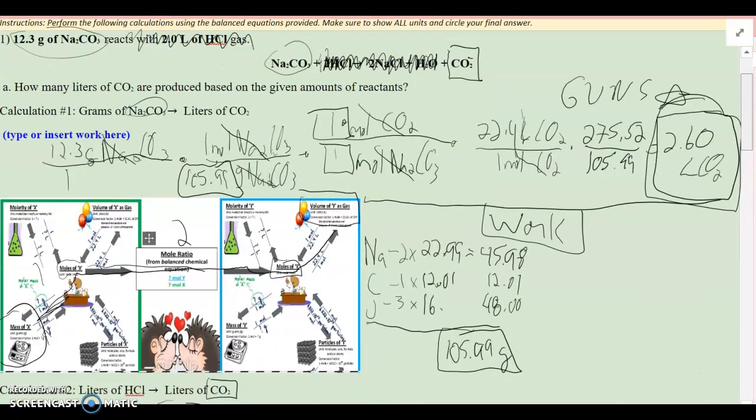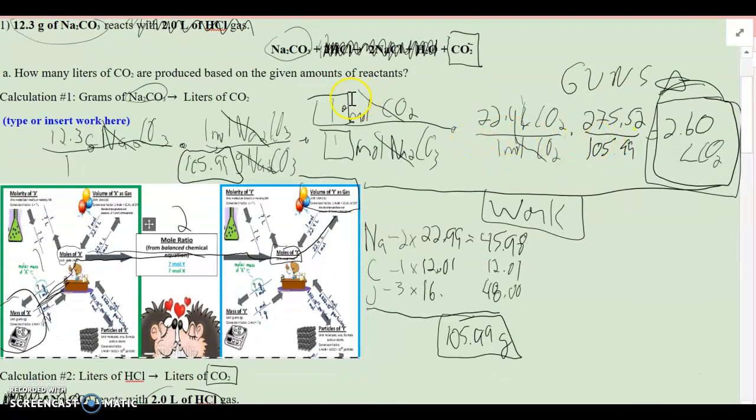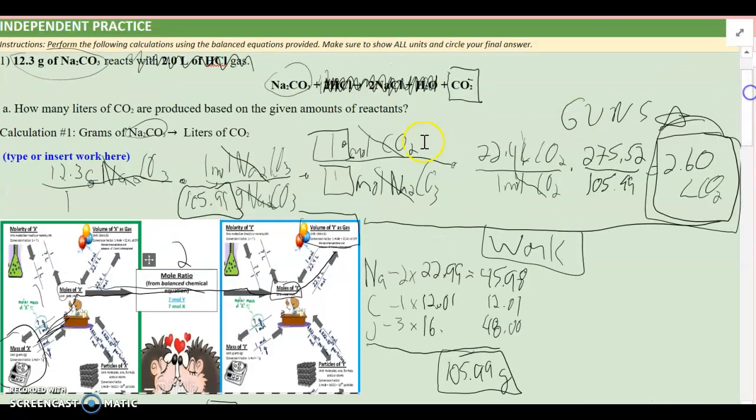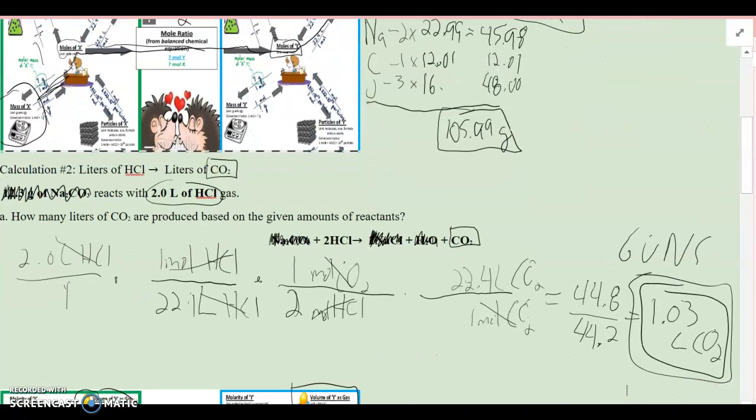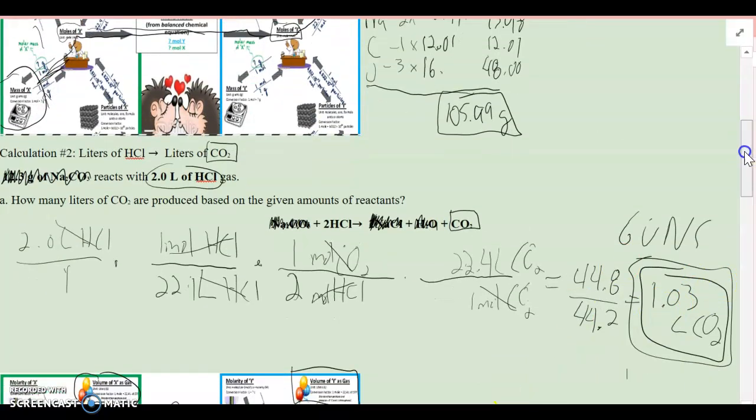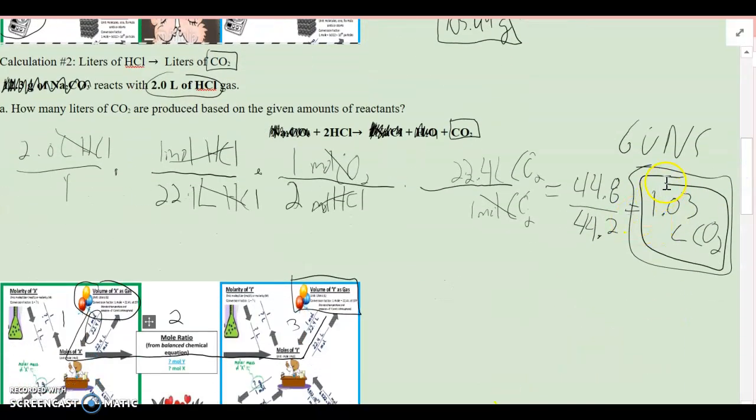The previous problem, we can see that if I use all of my Na2CO3, I can make 2.6 liters. Well, Na2CO3 can make more. HCl makes less. HCl is the thing that is going to make less. Therefore, it is my limiting reactant. Because it makes less, it is my limiting reactant.